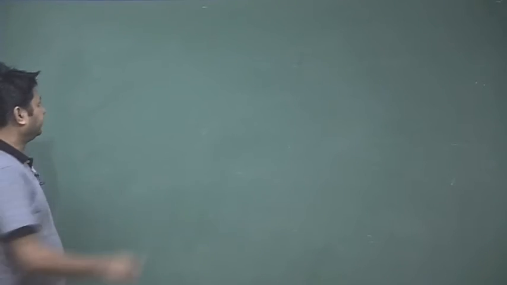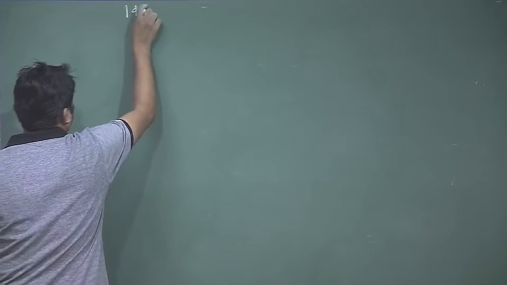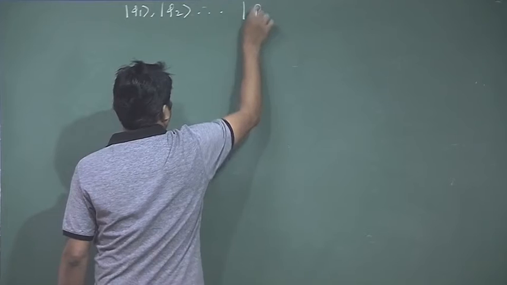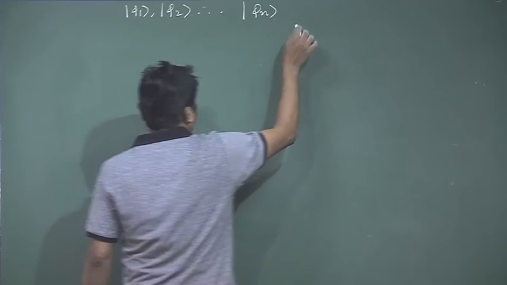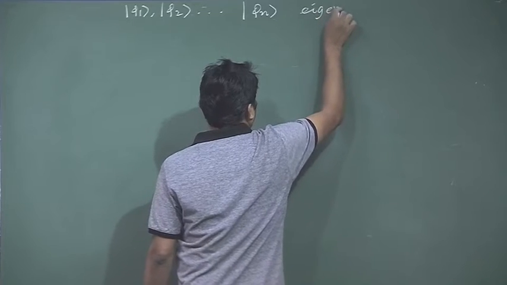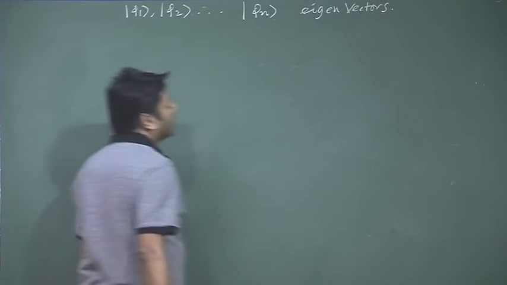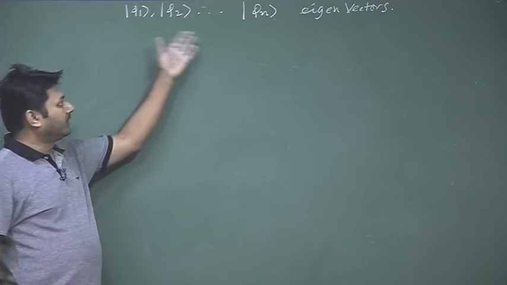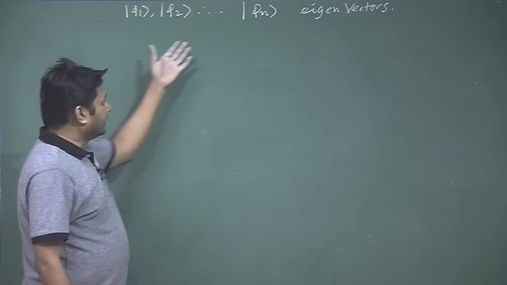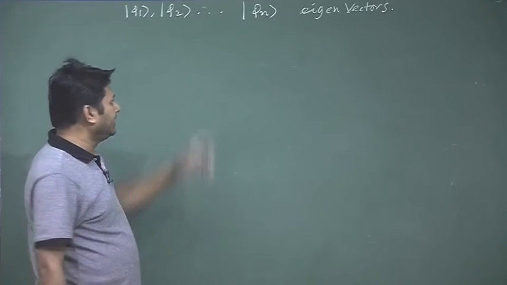Let us start with this equation. phi 1, phi 2, up to phi n are the eigenvectors. I am demanding that these should be linearly independent.